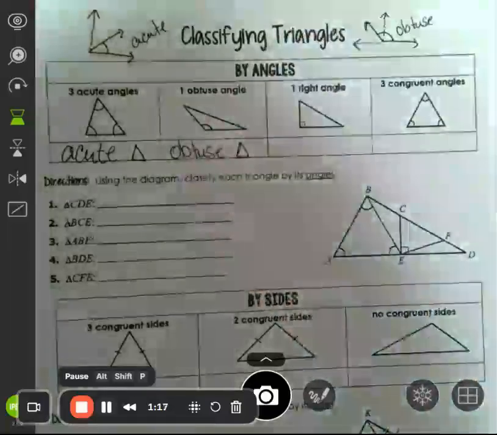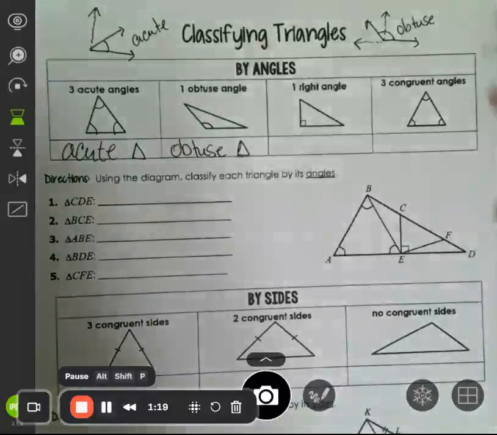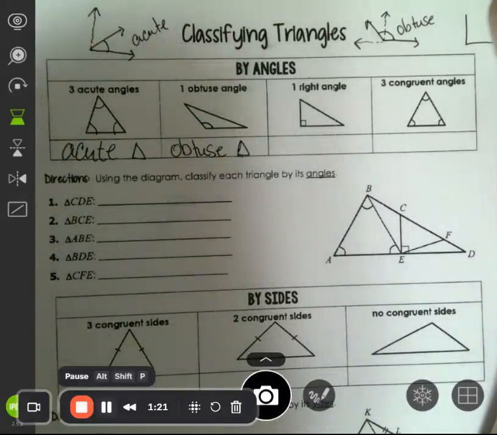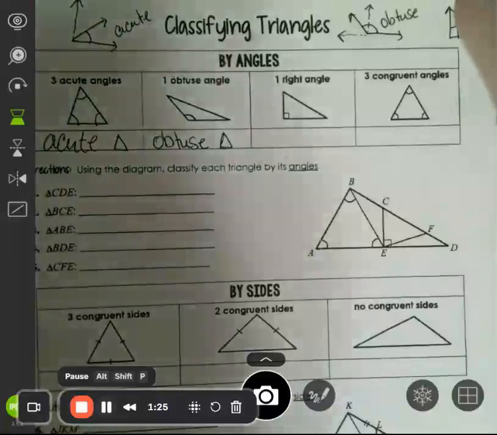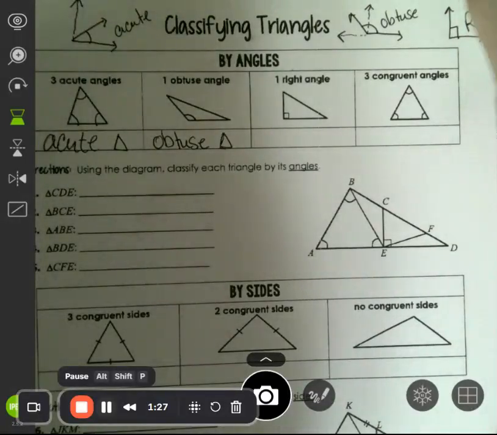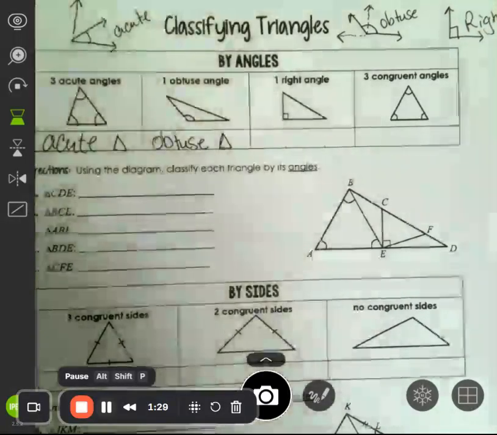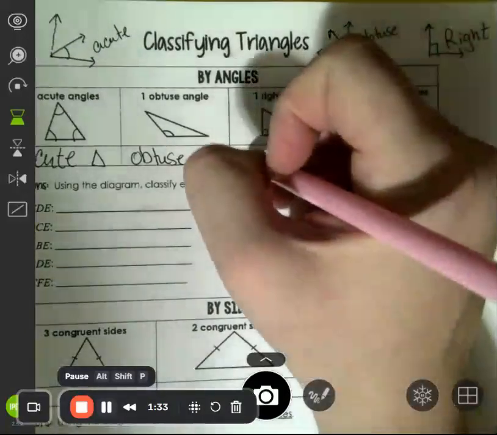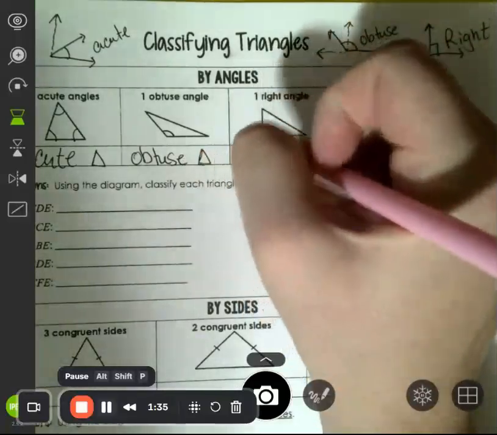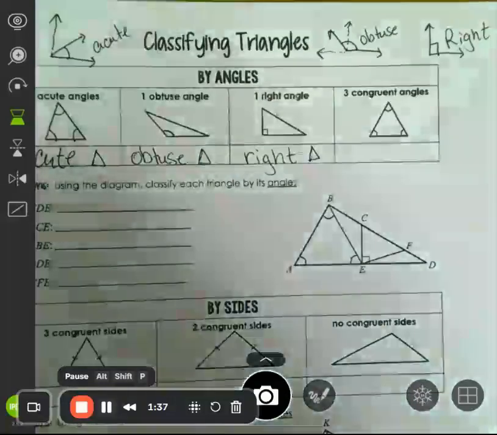Just draw the triangle notation. When you have a right angle, which is that perfect 90-degree angle indicated by that box, that square, saying it's a right angle, then when we have the one right angle, we call it a right triangle.